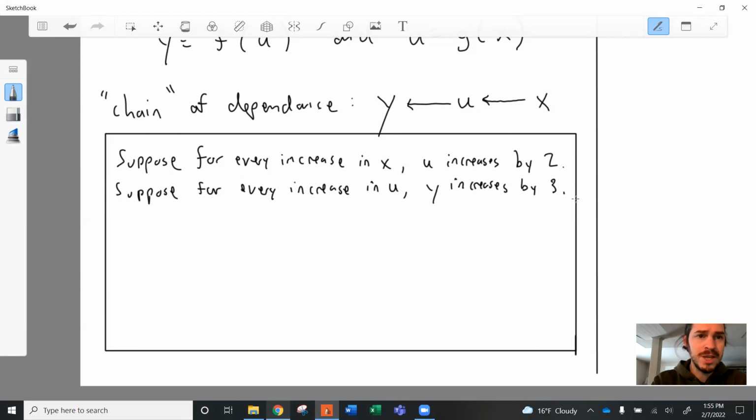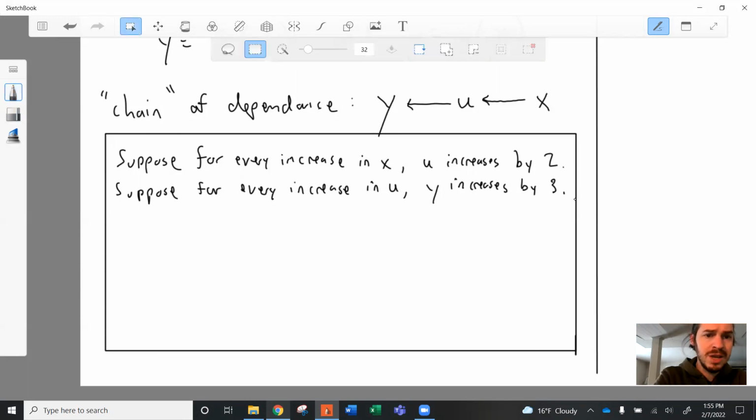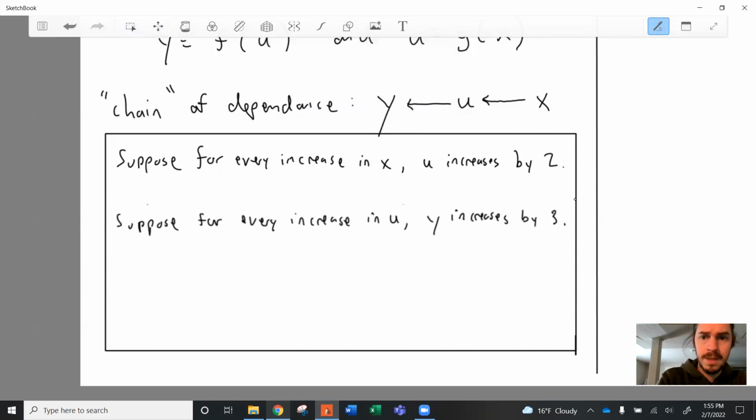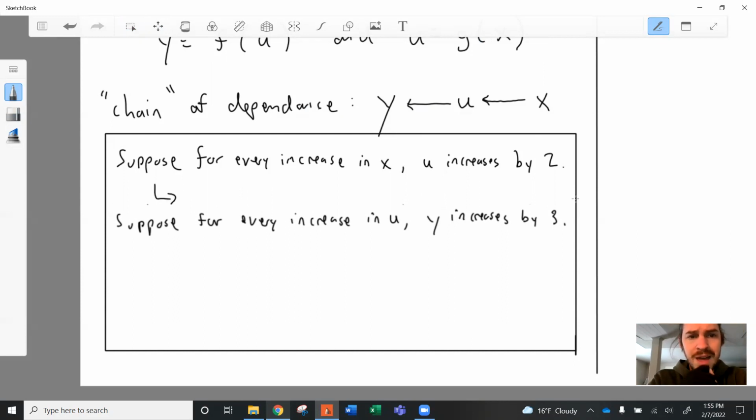What these two pieces of information are doing is they're each giving us a derivative. So this first piece of information is telling us that the rate of change in u with respect to x, in other words, du over dx, equals 2.